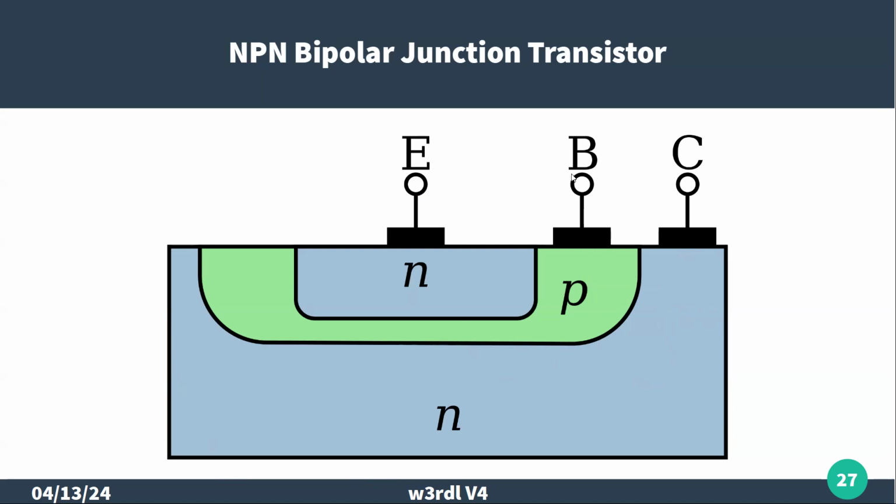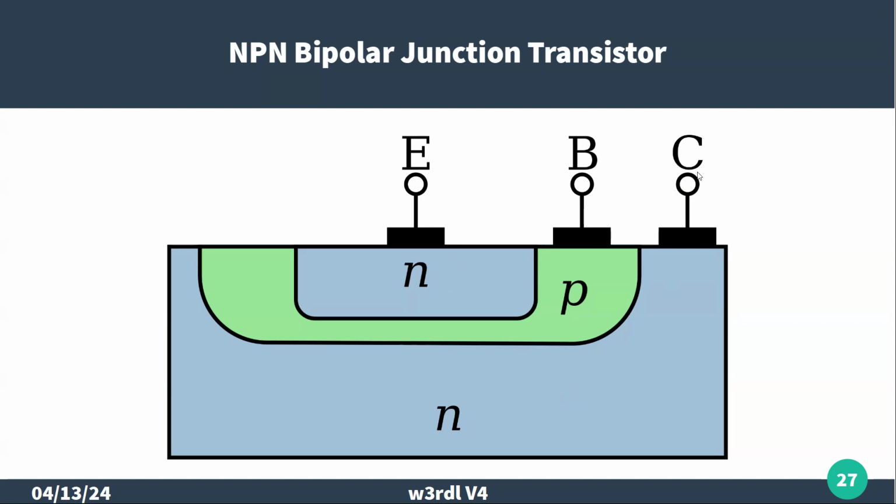And the way it works is you apply a voltage which causes a current flow through the PN junction, and through a process I'm not going to go into a lot, can actually cause a much larger current flow between the collector and emitter.